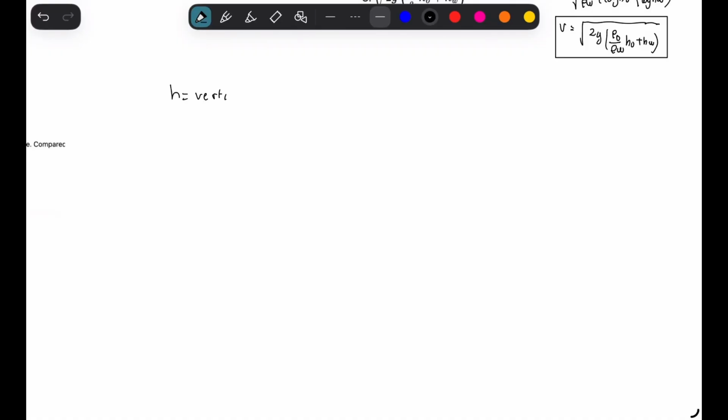Something you need to understand is that H is the vertical distance from the fluid surface down to the hole. It's not the height of the projectile. H is not going to be the y max of your projectile.